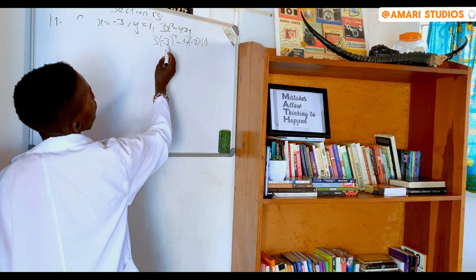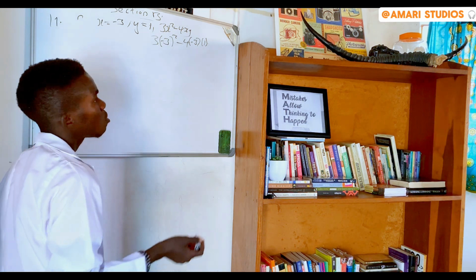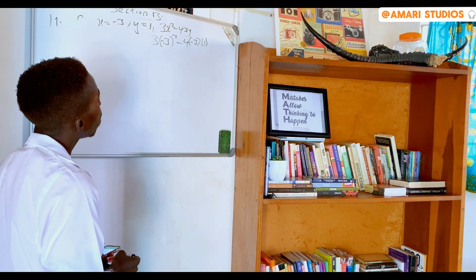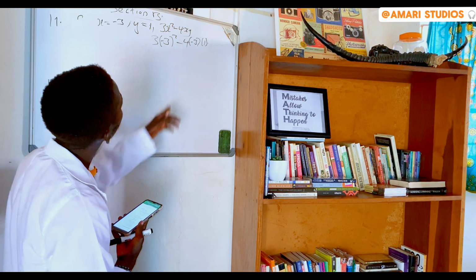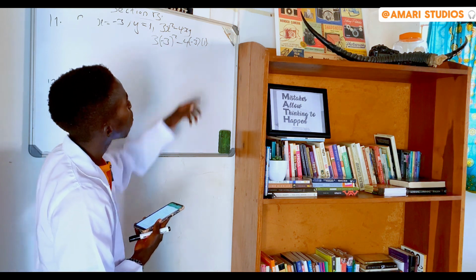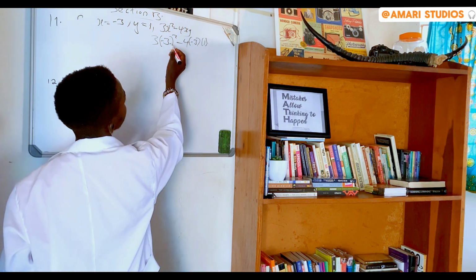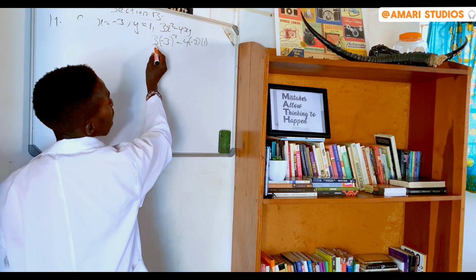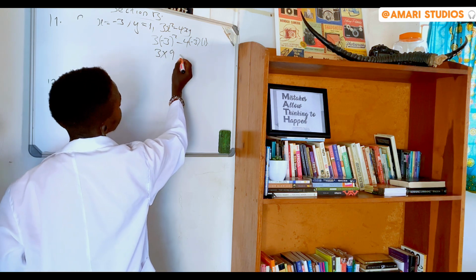Before we multiply 3 by -3, the first thing that we're going to do is evaluate the power, so we find what -3 to the power 2 is. -3 to the power 2 is actually +9. +9 times 3, we are going to get 27.